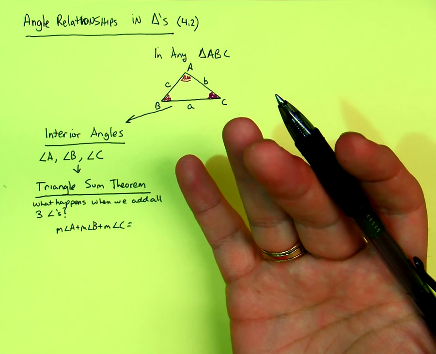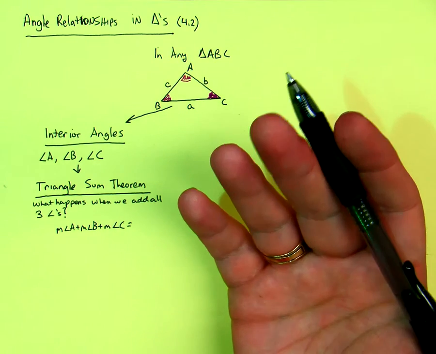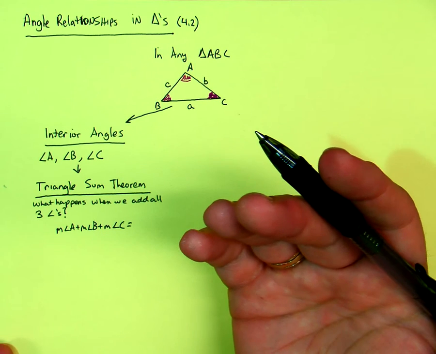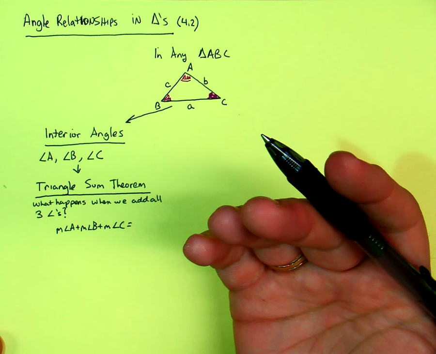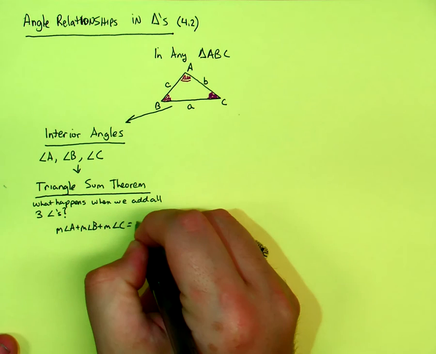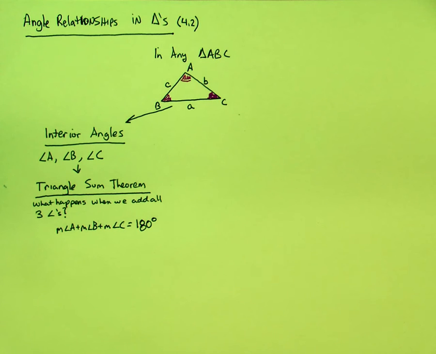What two angle values that I already said are special? 90 and 180 degrees. So which one do you think it is? 90 degrees or 180 degrees? 180 degrees. This is something that you need to commit to memory. So we get the triangle sum theorem from here.